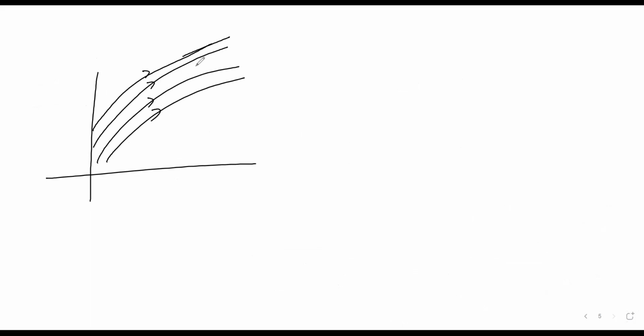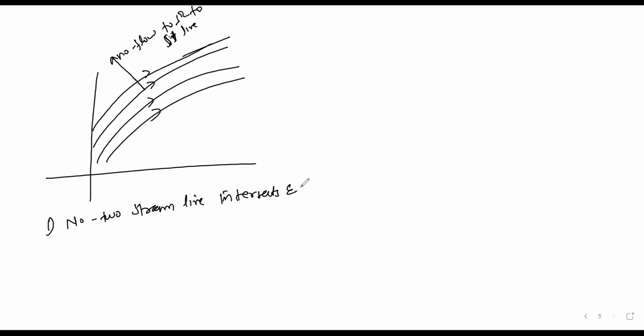Why do they never intersect each other? Because if you draw a perpendicular to that streamline, there will be no flow perpendicular to the streamline. And if there is no flow, it means the streamlines must be in a parallel condition. So the first important point is that no two streamlines intersect each other.